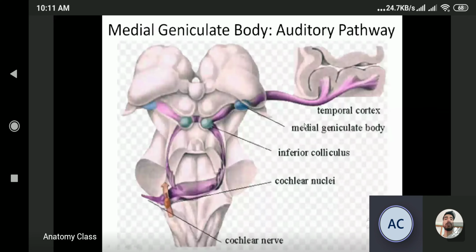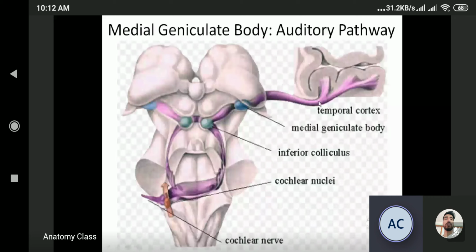Just a few details about the auditory pathway and medial geniculate body. The cochlear nerve, which is associated with hearing, arises from the cochlear nuclei and passes firstly to the inferior colliculus. From the inferior colliculus, the fibers pass to the medial geniculate body, and from the medial geniculate body to the auditory area within the temporal cortex.